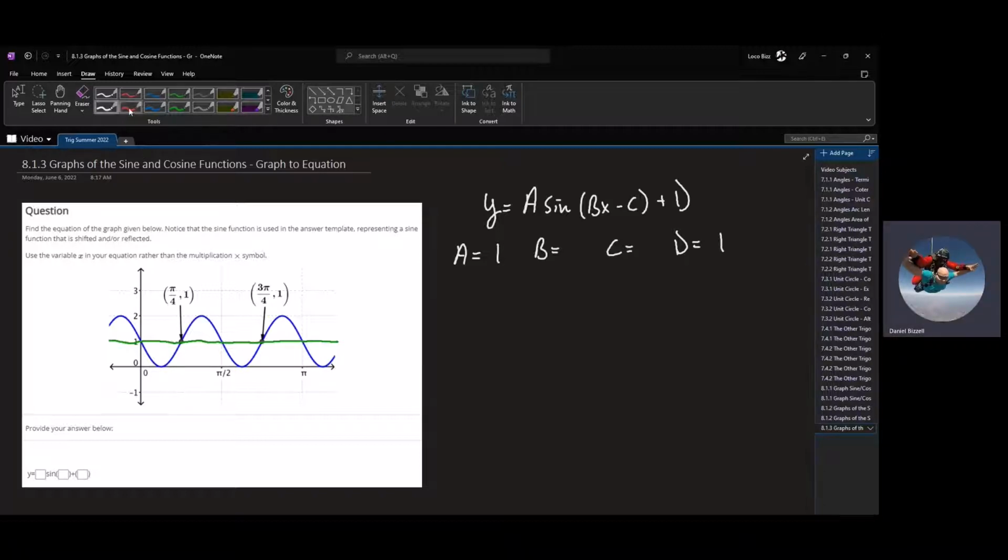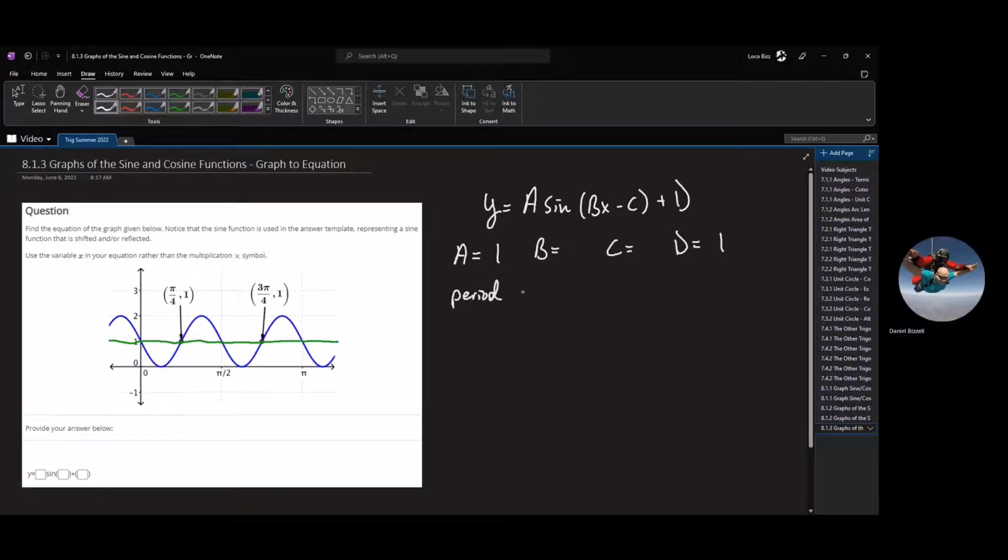The next thing to do is to figure out what our B is. We know our B is associated with our period, and our period is equal to 2 pi over B. From looking at this graph, we know our start point is pi over 4, and we know our end point is 3 pi over 4.